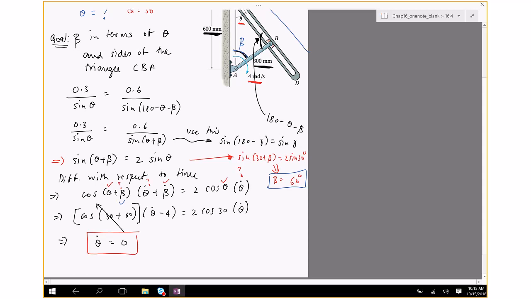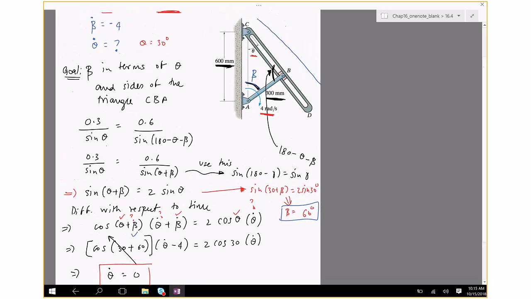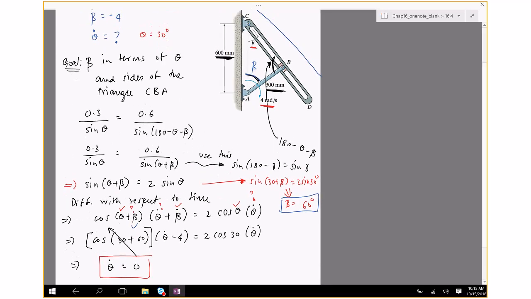So one thing to know is, okay, theta dot is 0 at this particular instant. When theta is 30, beta is 60, theta dot is 0. If you try to solve this when theta is, say, 60 degrees, theta dot need not be equal to 0.